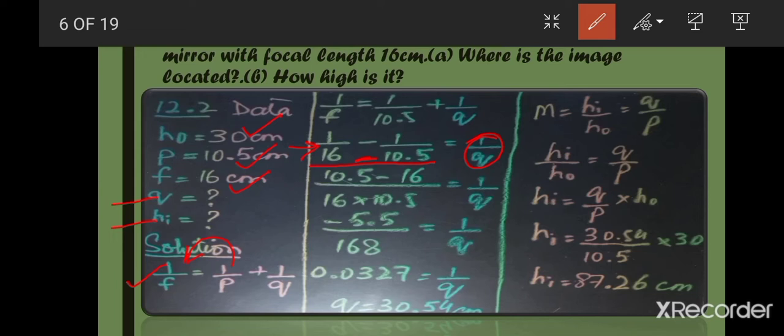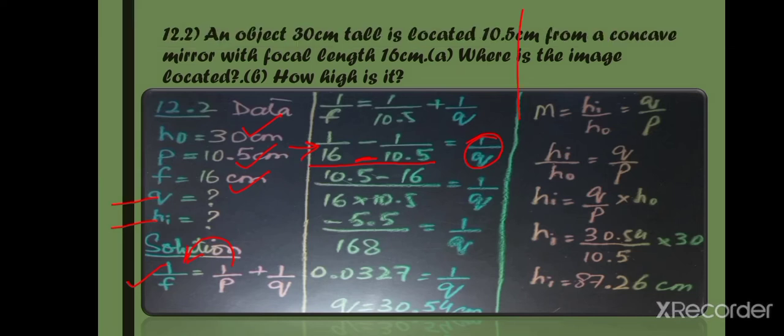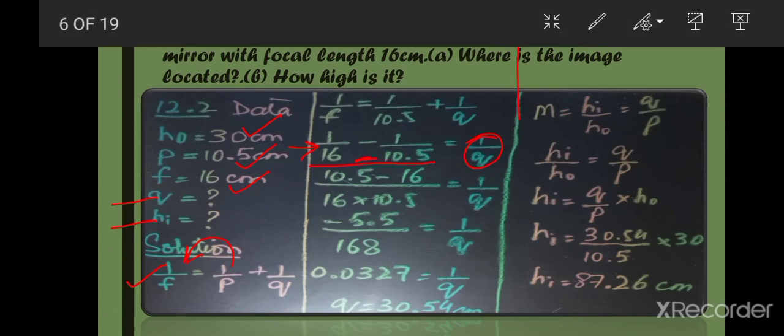So 1 by q is, now you can see it is minus 5.5 divided by 168, so the value will be minus 0.0327 equals 1 by q.